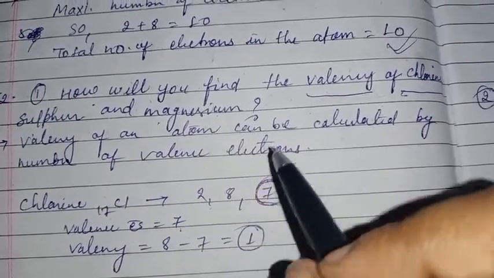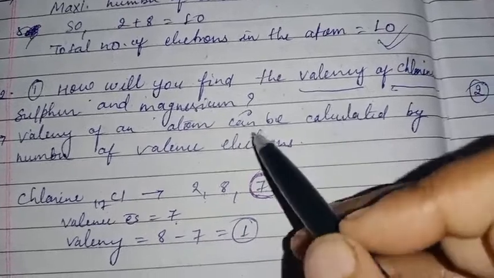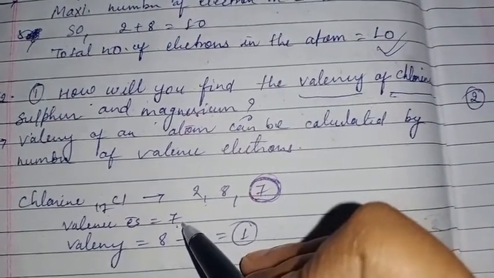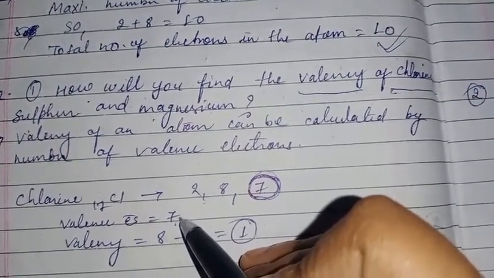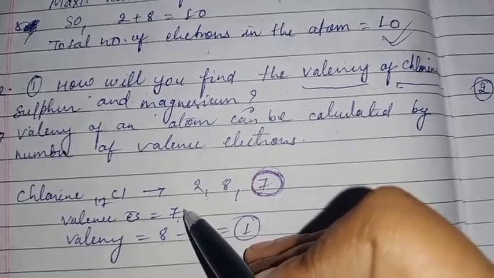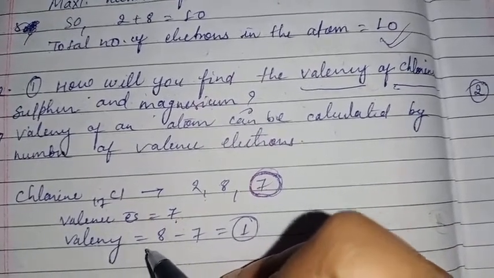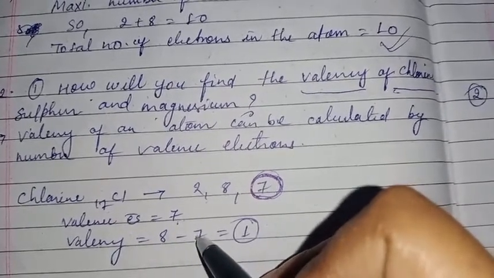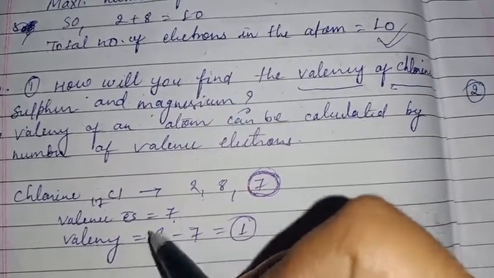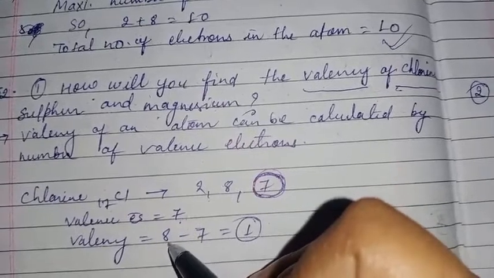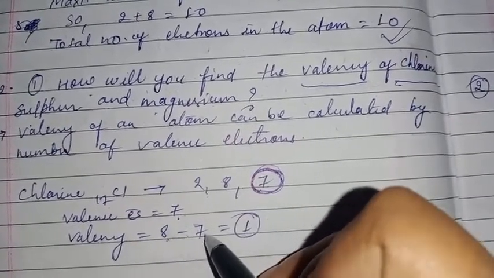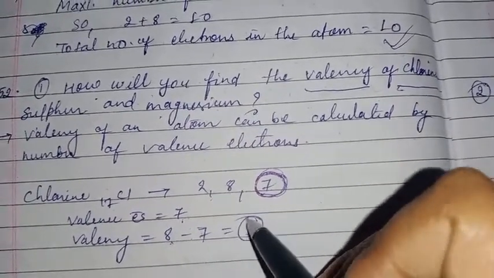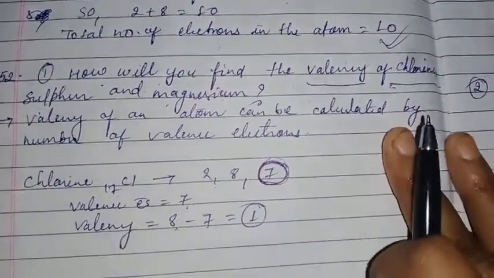As I told you how to calculate valency, if the valence electrons are more than 4, that is 5, 6, 7 and 8, then valency can be calculated by subtracting the number of valence electrons from 8. So we have done like that only. 8 minus 7 will give you 1. So 1 will be the valency of chlorine.